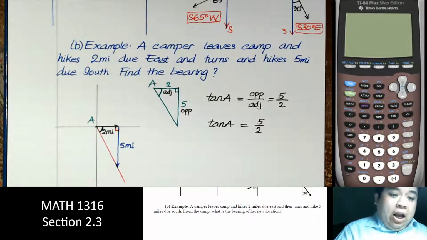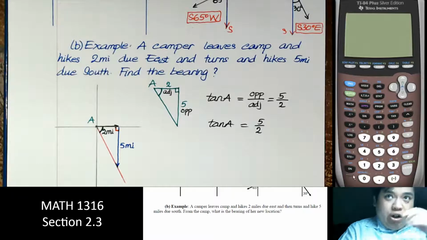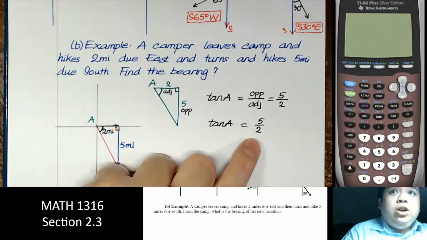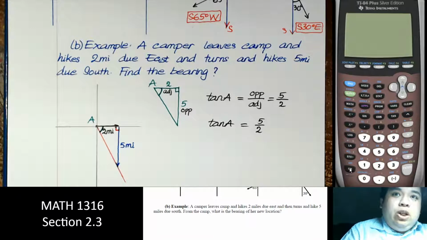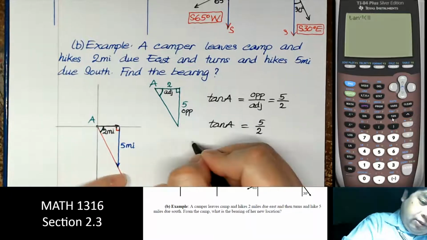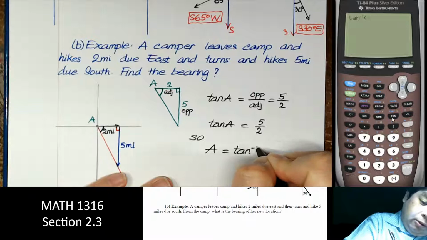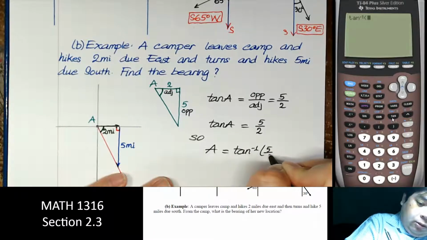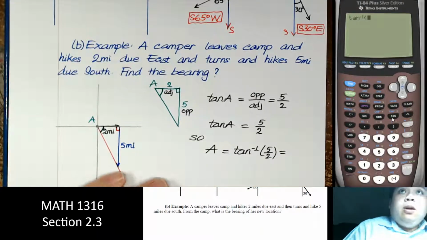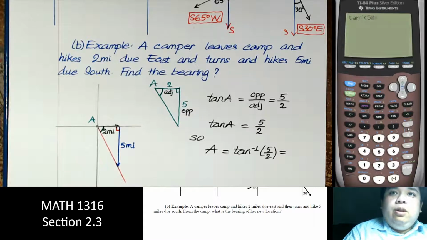To find the angle A, or to find any angle in general, if we know the ratio, we're going to use the inverse tangent, so second tangent, that is tangent inverse, of five over 2.